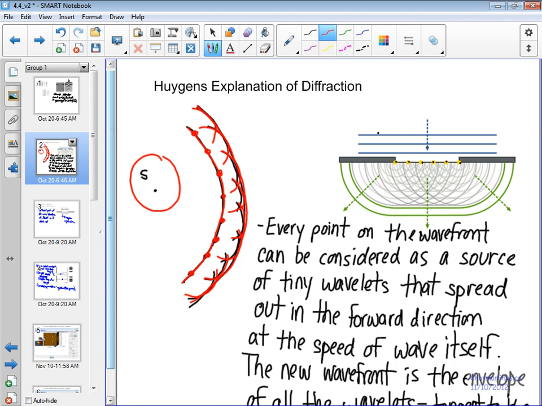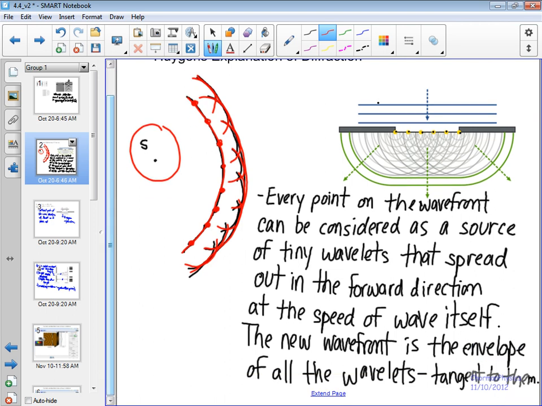So this envelope of tiny wavelets is the new wavefront, and it's going to be tangent to all those little wavelets. So imagine again, we have a planar wavefront right here coming to a barrier, and consider each equally spaced point out here, to help us see this, as its own point source.